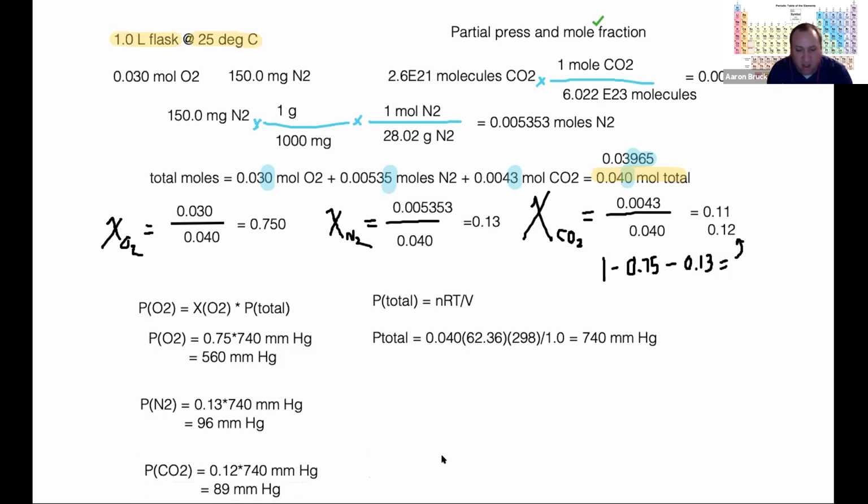And again, because of the rounding, if I take 560 plus 96 plus 89, I get 745. I get a few extra millimeters of mercury. And again, you're going to have that because of the rounding, because we don't have many significant figures here at our disposal. And that's just something we have to deal with.